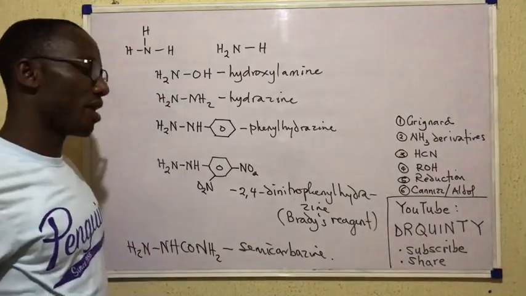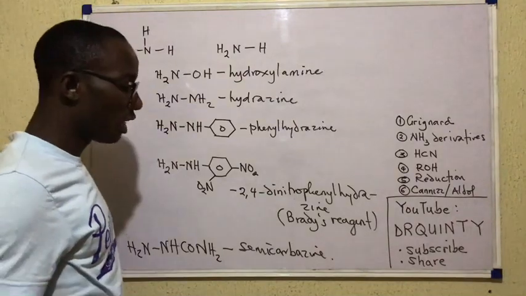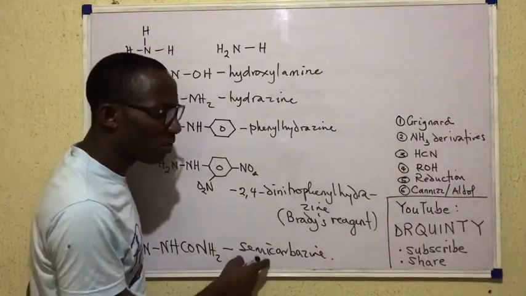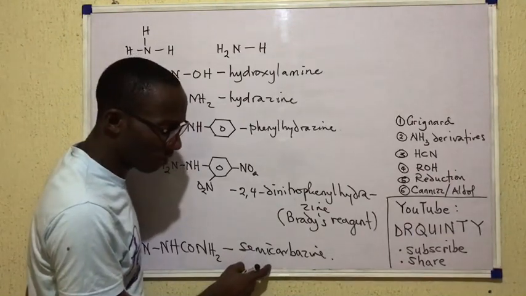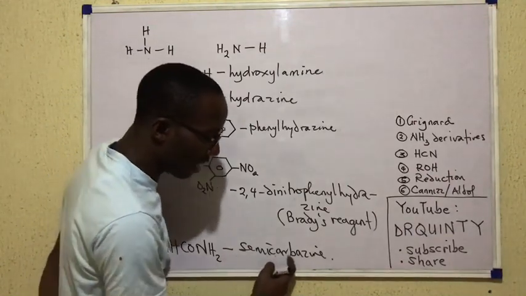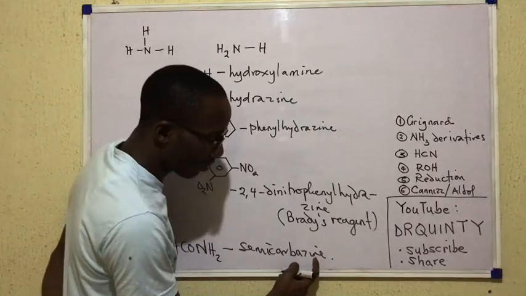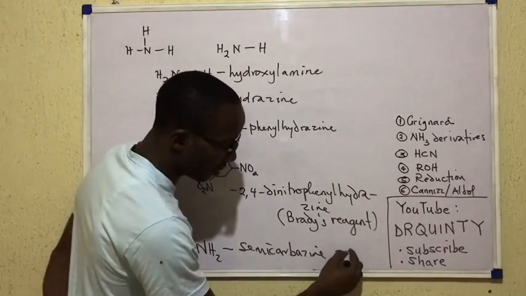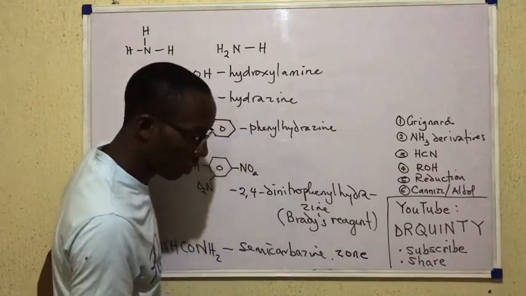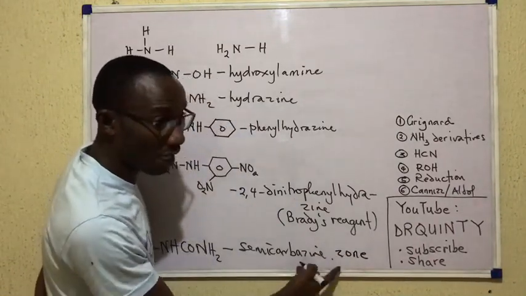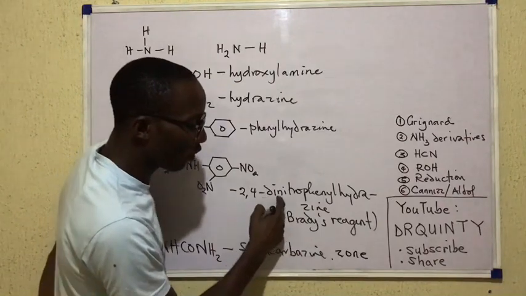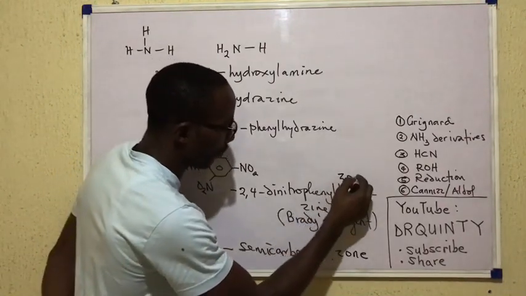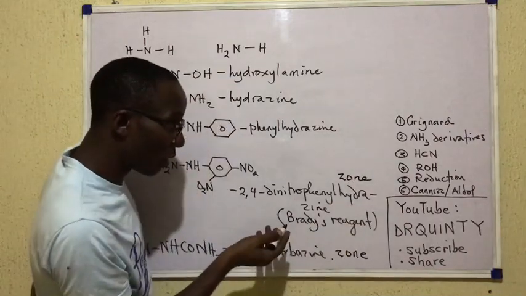Now, having put these derivatives here, I want to react them with carbonyl compounds, alkanals, alkanones. Interestingly, when they react with carbonyl compounds, the products they form have names resembling the names of the derivatives themselves. Like for semicarbazine, when it reacts with carbonyl compounds, you are going to get a semicarbazone. So it's just the I that becomes an O. In the case of 2,4-dinitrophenylhydrazine, it becomes 2,4-dinitrophenylhydrazone.